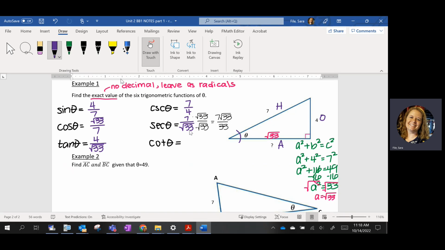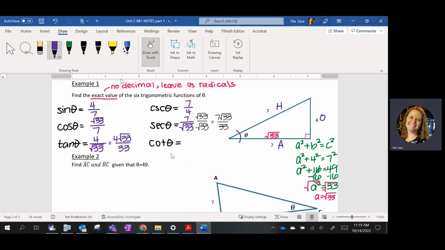Once you have the hang of this and you understand the process, you're going to be able to know, oh, I just need to move that to the numerator and change my denominator not to have the radical. So you can jump straight to saying that's 4 root 33 over 33. And that 4 and 33 also do not reduce. So that's it. That's as much as I can reduce that.